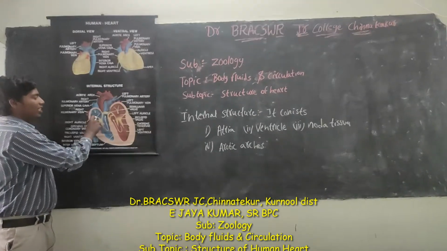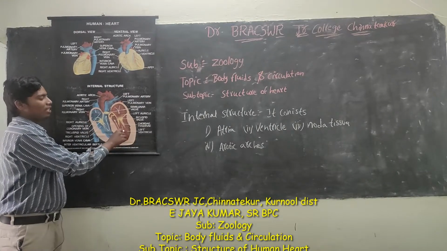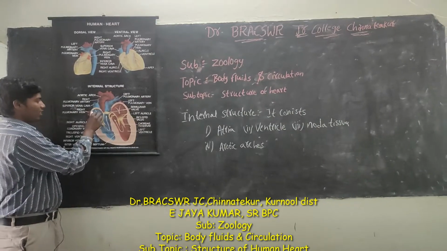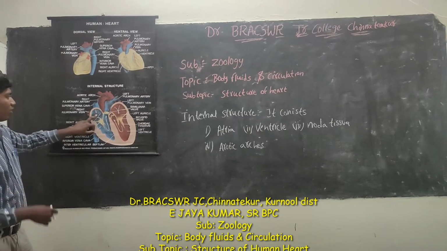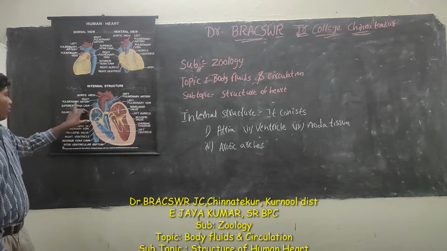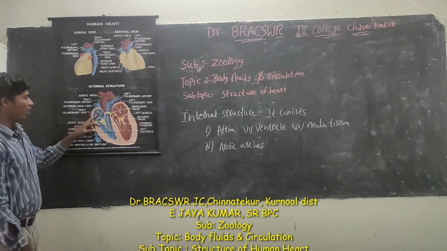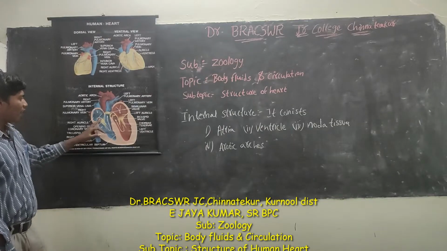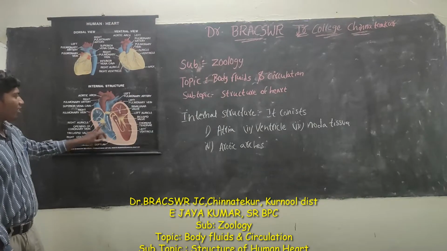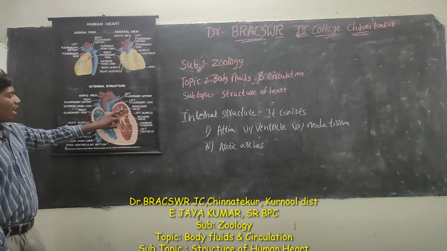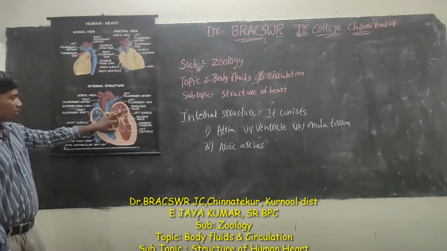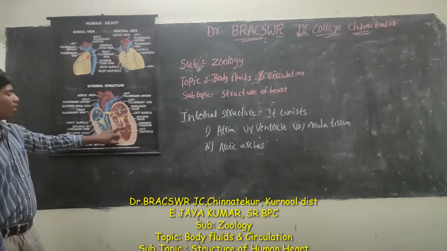Atria are blood receiving chambers and ventricles are blood pumping chambers. The right atrium receives deoxygenated blood from the superior vena cava and inferior vena cava. It sends the deoxygenated blood to the right ventricle. The left atrium receives oxygenated blood and sends it to the left ventricle.